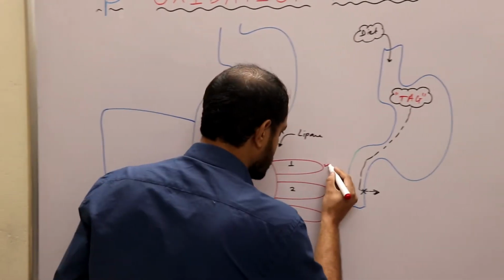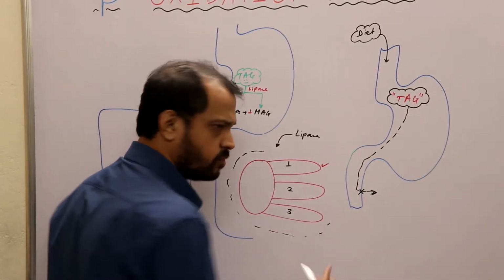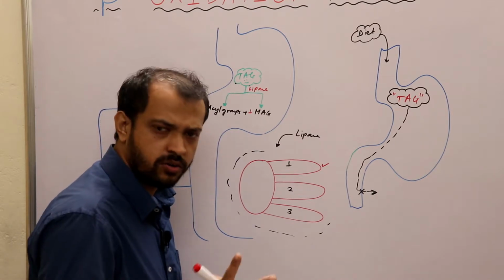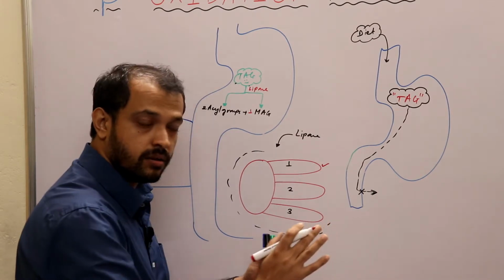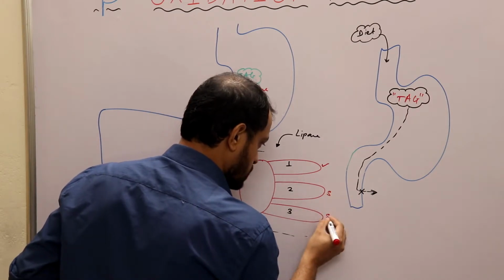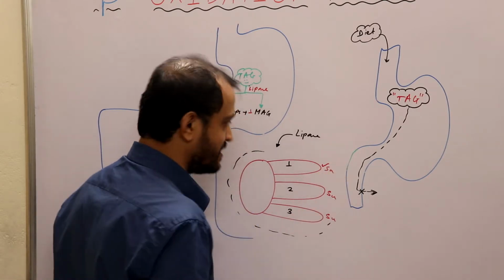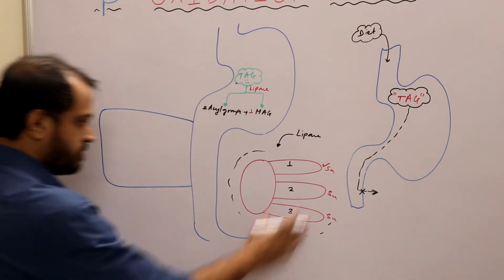You are telling 1, 2, 3, all, 2 and 3. Now listen, all of you are wrong.